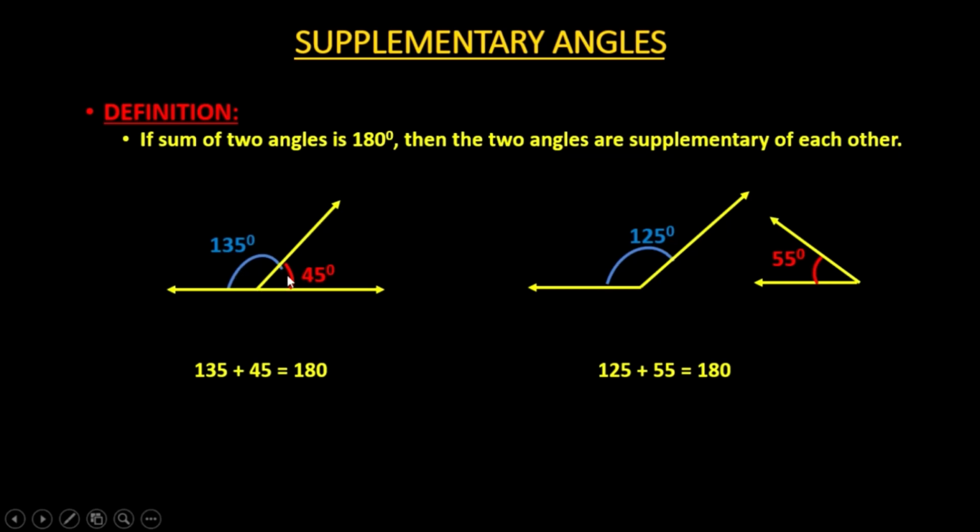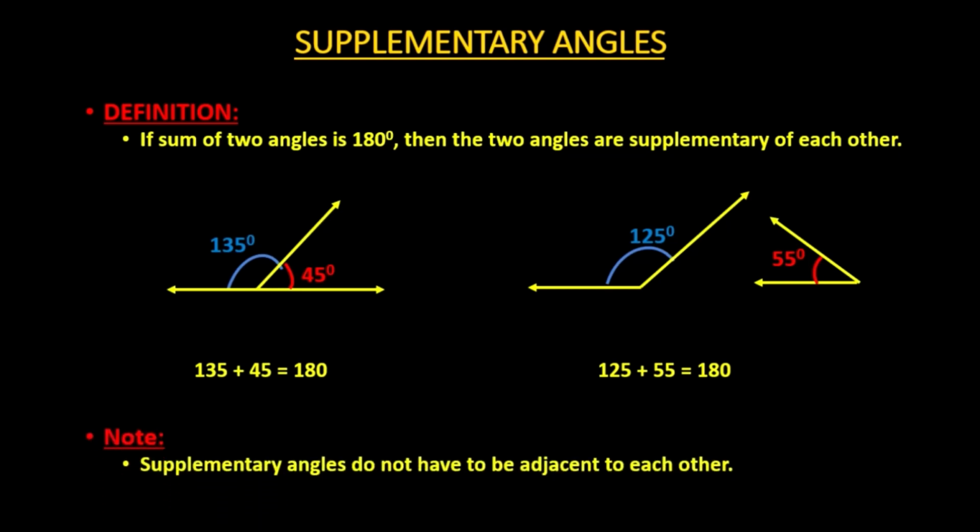Both of them are from the same vertex and share the same side. In the second diagram, 135 degrees added to 55 degrees gives 180 degrees. Here, both of them do not share a common vertex or common side. Both are examples of supplementary angles. Supplementary angles do not have to be adjacent to each other.